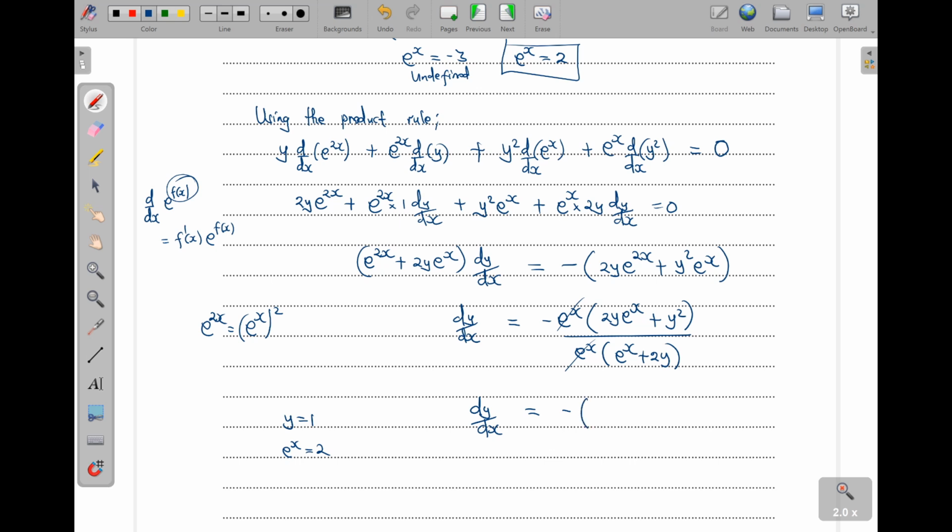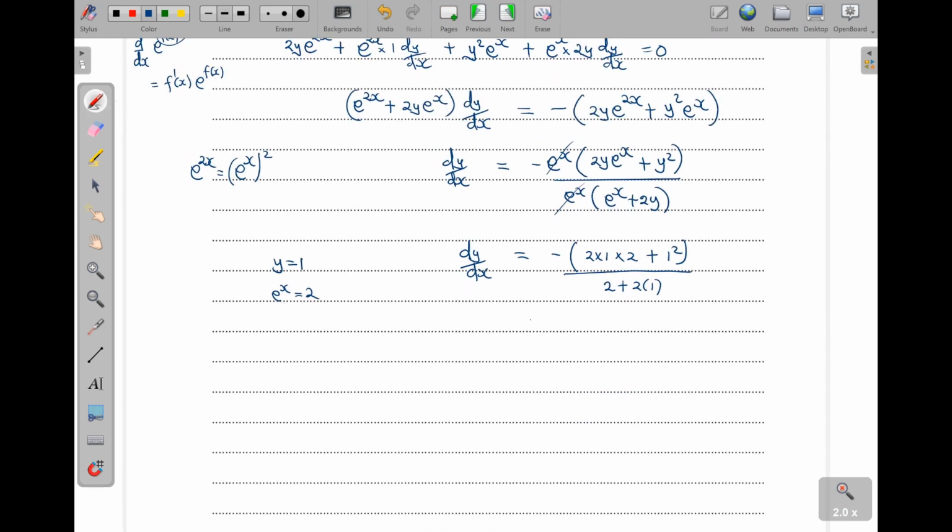This is negative of 2 times y is 1, then times e to the power of x is a 2, so times 2, then plus 1 squared, divide by, this one will be 2, then plus 2 times 1. Now simplifying, this is a 4 plus 1, that will be a 5. So negative 5, then over a 4 down here. So our answer is negative 5 over 4.